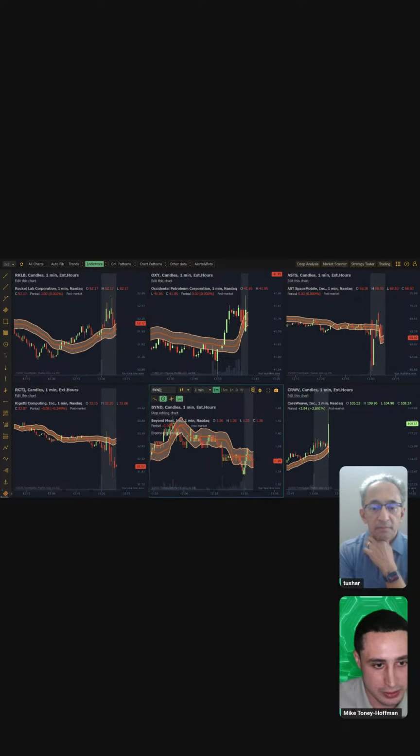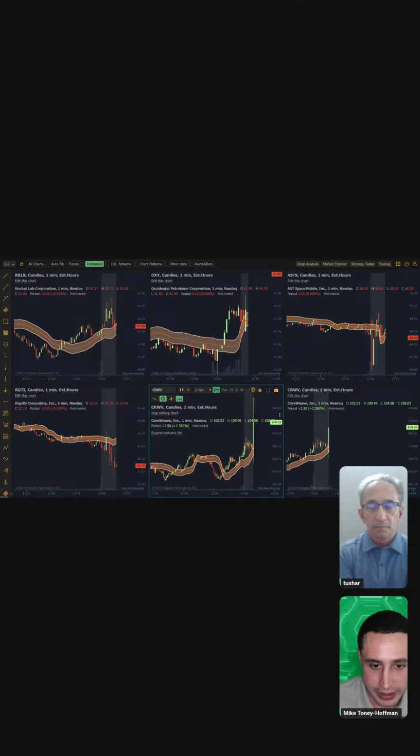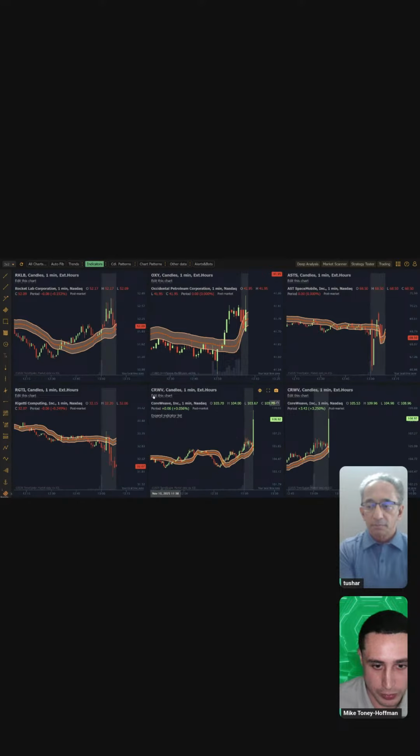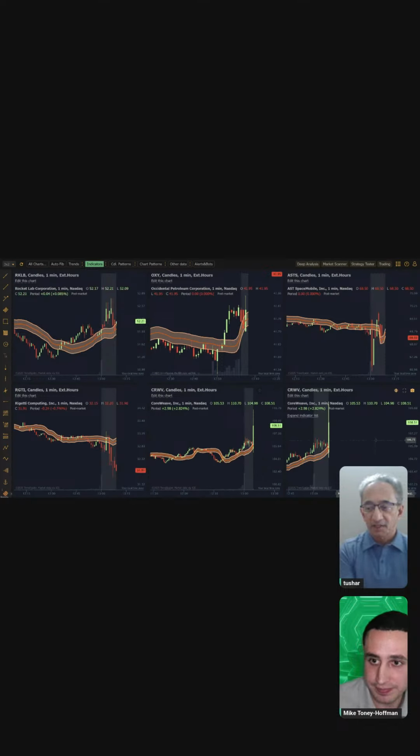Let me put this right here so we can see it a little bit better. Let's see how big that move is. It went from 105 to 110 roughly in less than a minute, so that's about 4-ish%, about 4.6%. Pretty nice move.